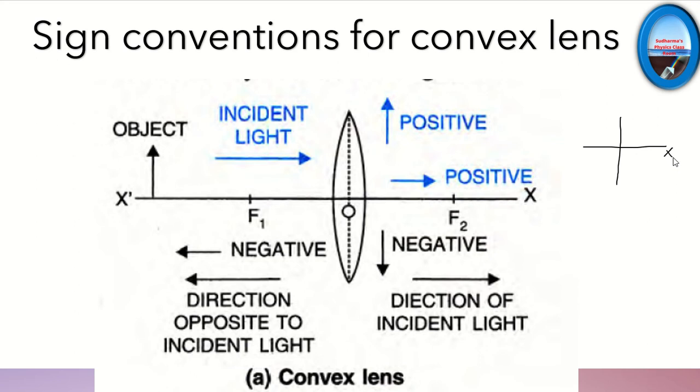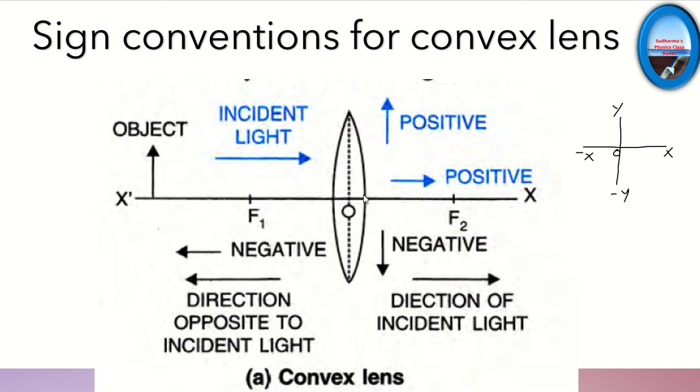This is the positive x axis, this is the negative x axis, this is the positive y axis, and this is the negative y axis. This is very familiar to us. So the optical center of the lens is going to be at the origin of the Cartesian coordinate system.